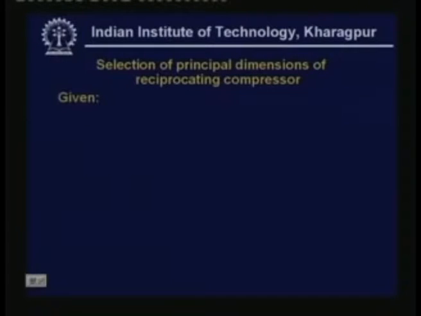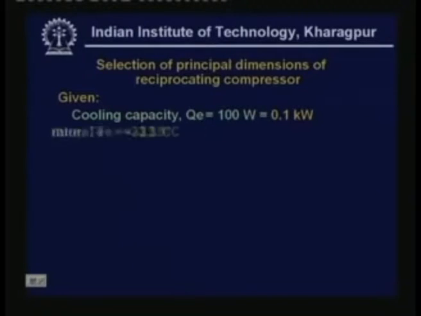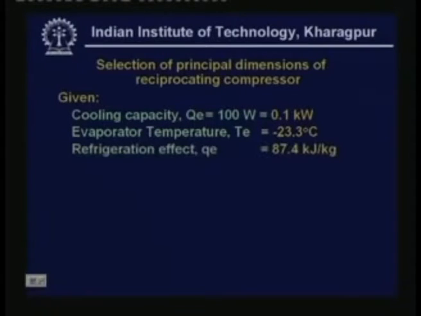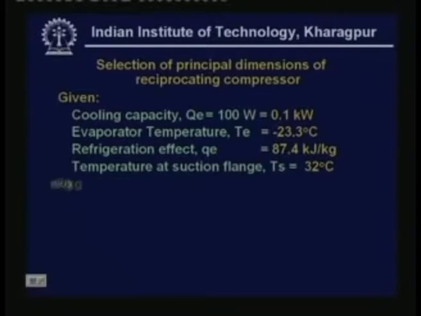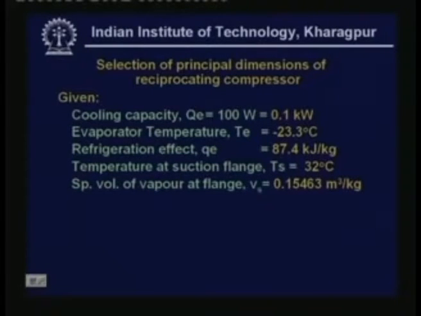Okay, so let me just summarize the given input data. It is given that the cooling capacity is 100 watts, that means 0.1 kilowatt. Evaporator temperature is minus 23.3 degrees centigrade. Refrigeration effect is 87.4 kilojoule per kg. Temperature at suction flange is equal to 32 degrees centigrade. And specific volume of vapor at flange is 0.15463 meter cube per kg.